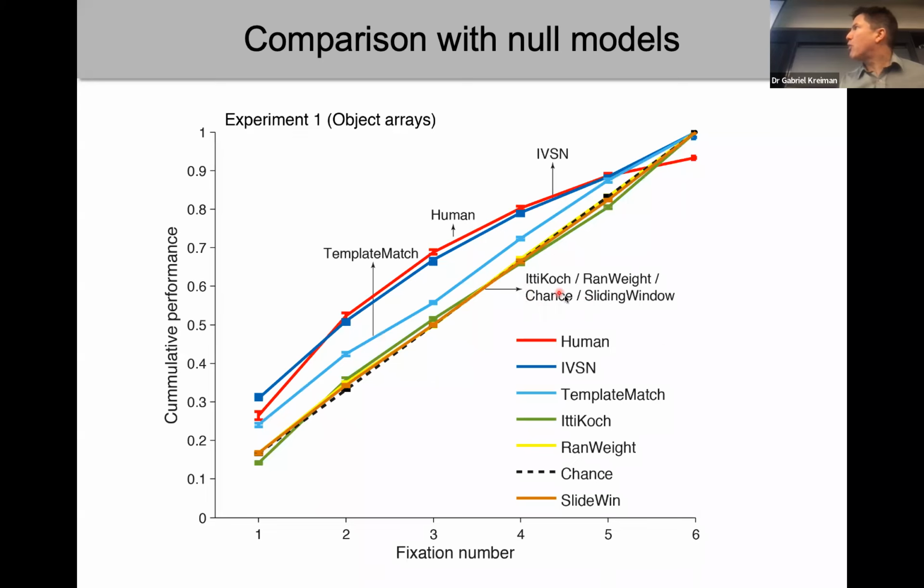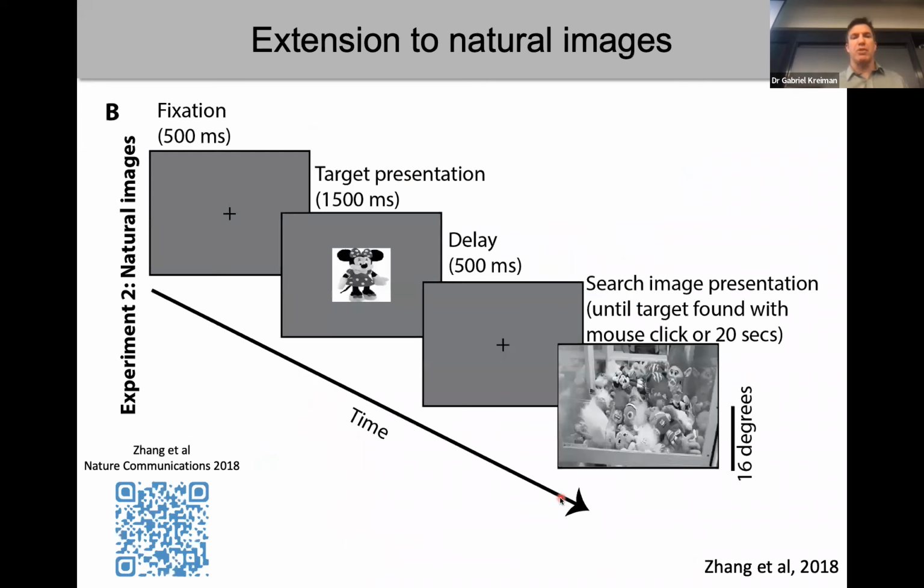So if you randomly move your eyes, if you have random weights instead of the pre-trained weights, if you use a sliding window, if you use bottom-up saliency, basically all of these null models don't work well in terms of visual search. So you do need this architecture. Which particular architecture to extract visual features doesn't matter too much, but you do need to extract visual features, and those features need to be related to the target to do efficient visual search.